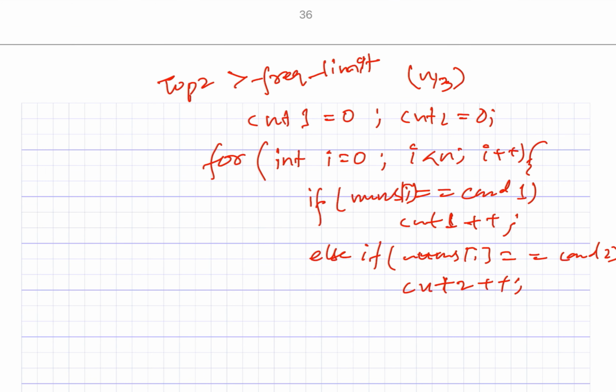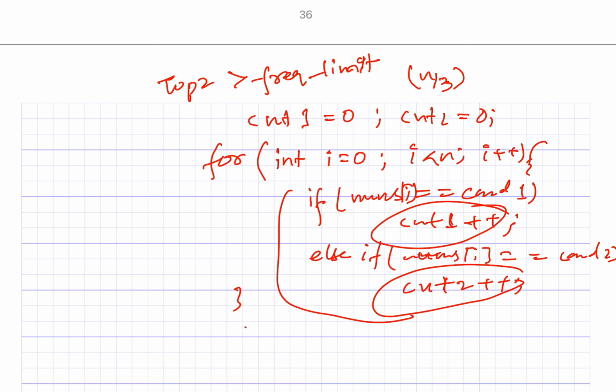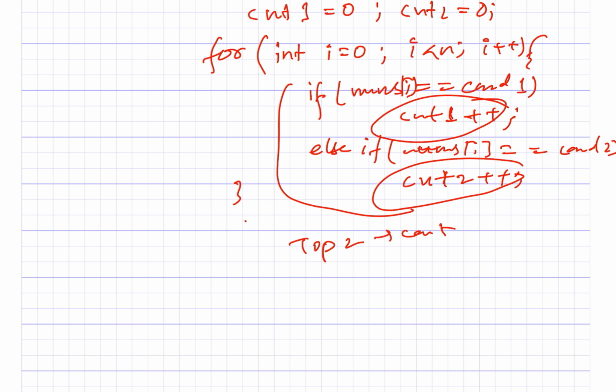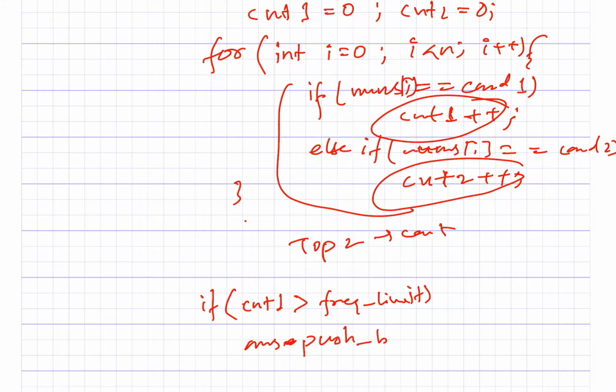Okay, so now we have the counts of candidate 1 and 2, and we know that they are top 2 elements. We also have their counts. Now we need to check our condition: if the count of candidate 1 is greater than the frequency limit, then we will push it to our answer.